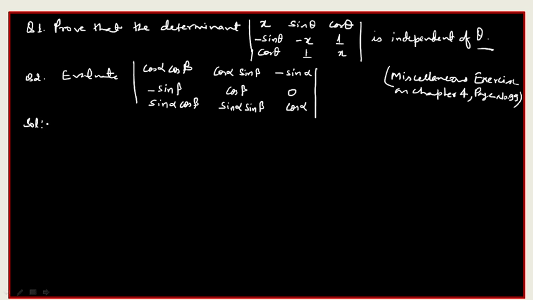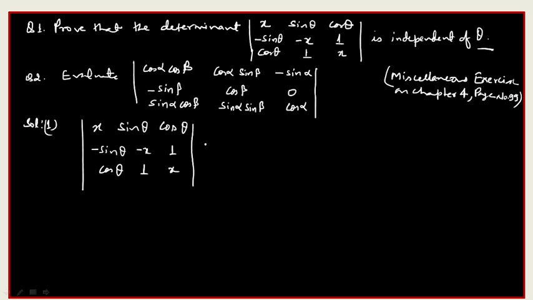Solution for question number 1. We take this determinant: x, sine theta, cos theta; minus sine theta, minus x, 1; cos theta, 1, and x. Now we know how to evaluate.